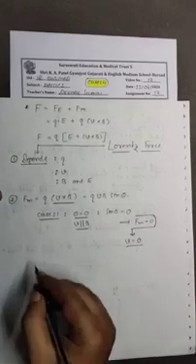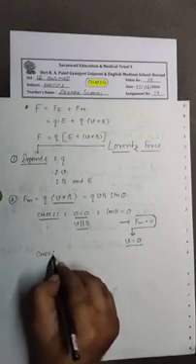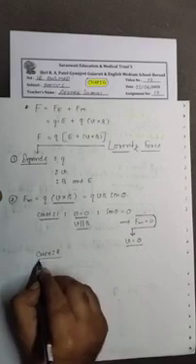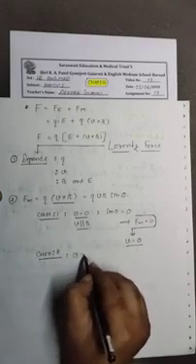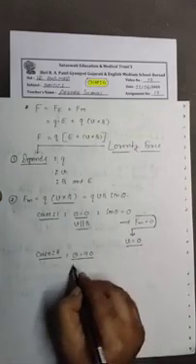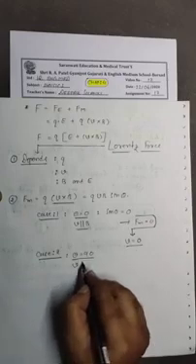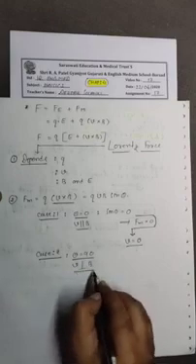Okay, good. Let us see case number 2. If theta is equal to 90, it means the velocity of the charge is perpendicular to the magnetic field.